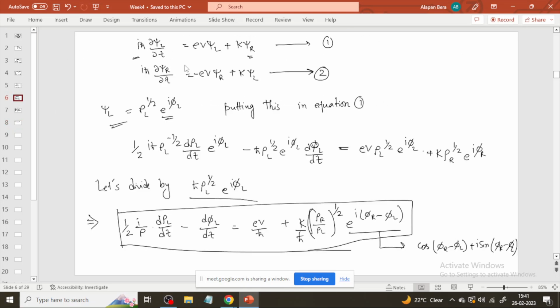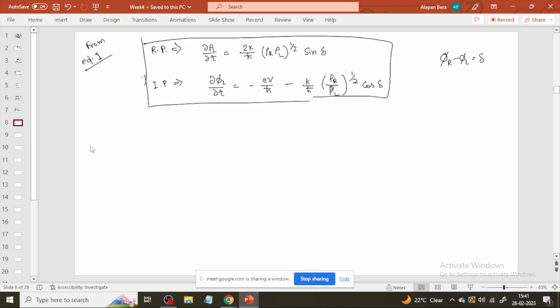Same thing if we do for equation number 2, in the place of this psi R, if we put the expression of psi R like root rho R to the power half, e to the power i phi R, and use this expression in equation number 2, you can verify that we will get these two equations.